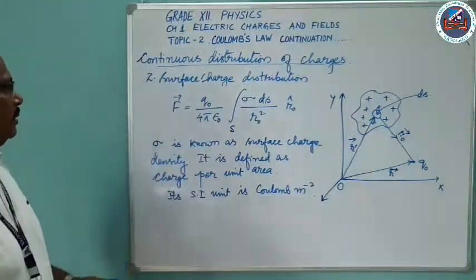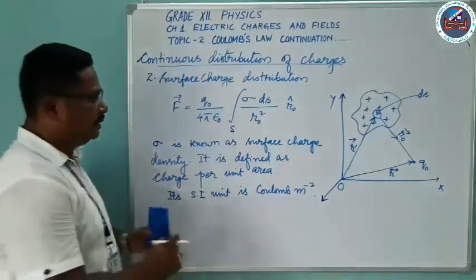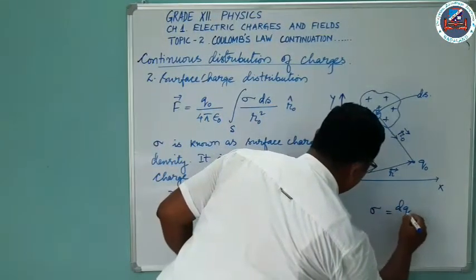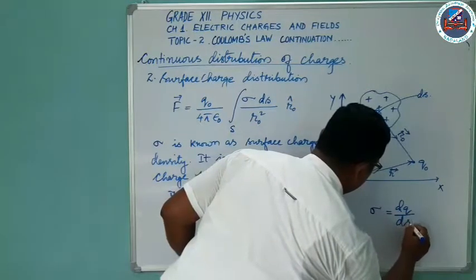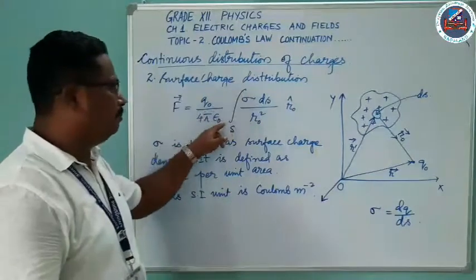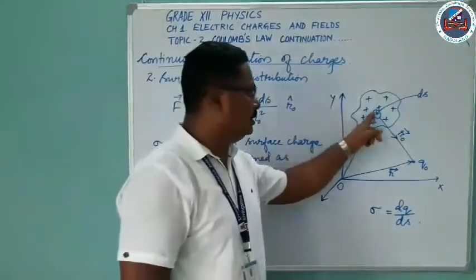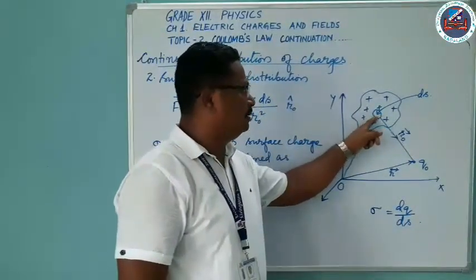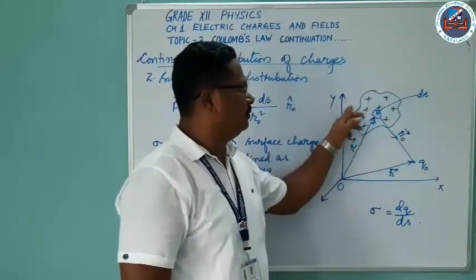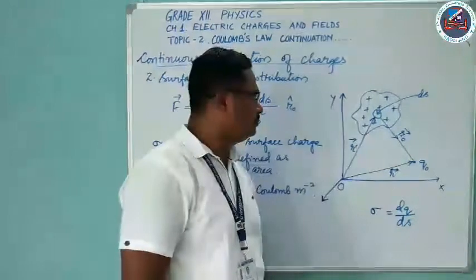So here sigma is known as charge per unit area. Here ds represents a small area. Here also you have to sum up. Why do you have to sum up? Because ds is a small region. When you sum up, you will get the result for the whole metal sheet.